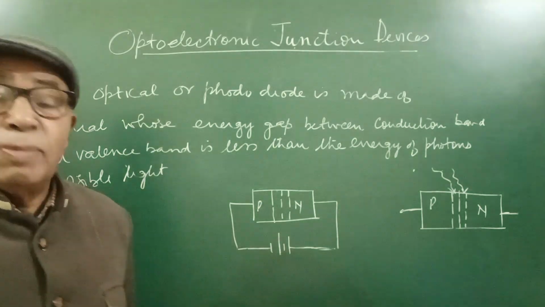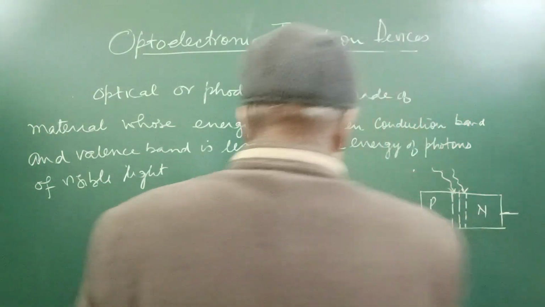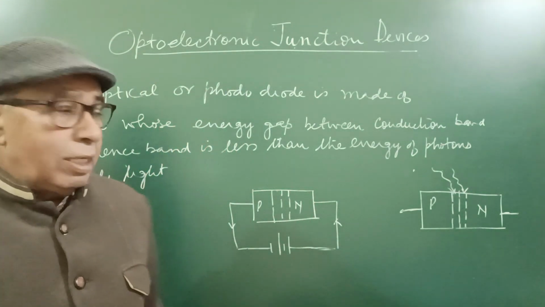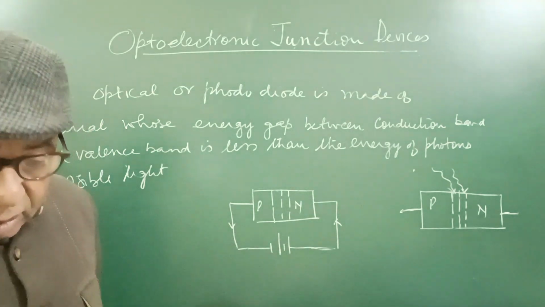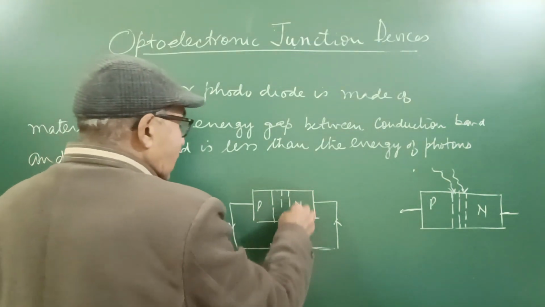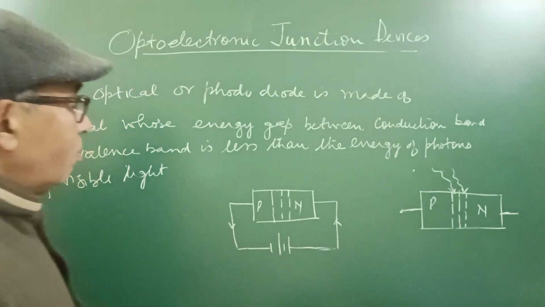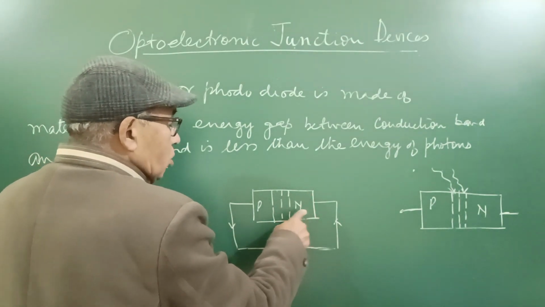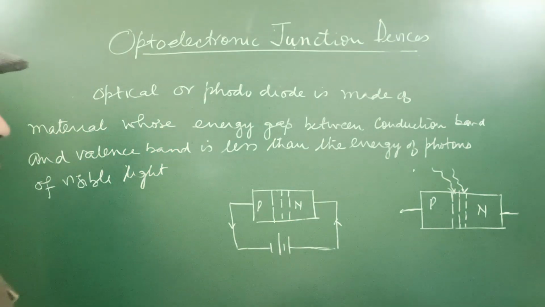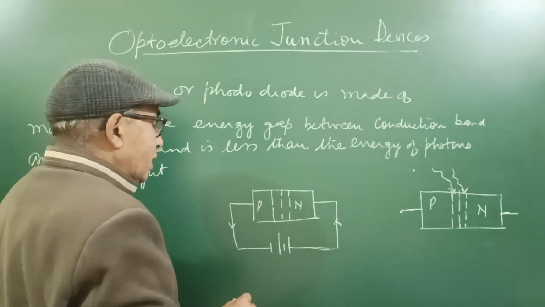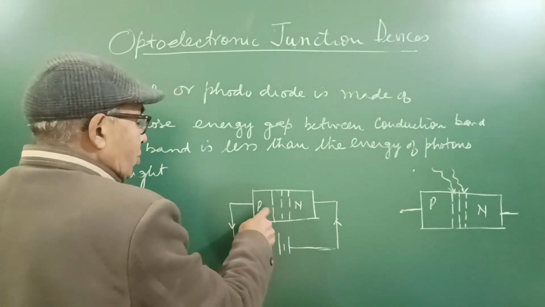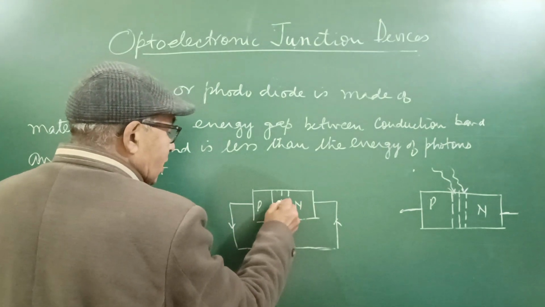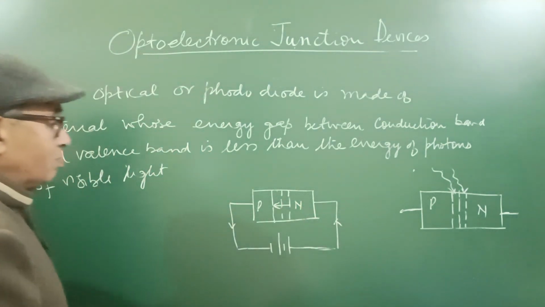In reverse bias, current flows this way, and that current is of minority charge carriers. I hope you remember that in this N region, electrons are in majority, holes are in minority. There are holes also because of intrinsic charge carrier density. In the P region there are majority holes and minority electrons. There exists a junction field here from N to P region.